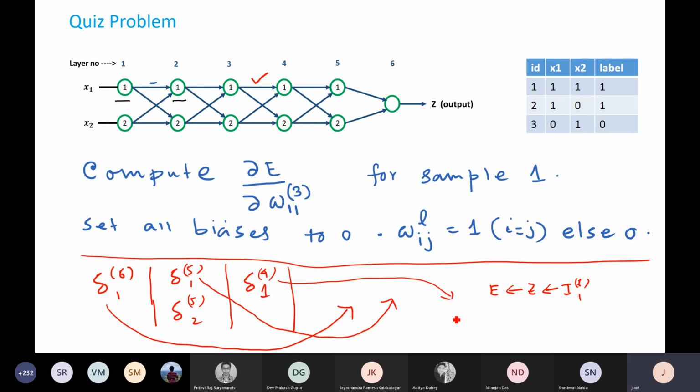So our expression for delta 6.1 is basically the partial derivative of E with respect to I6.1. That was our definition of delta. Using this influence diagram, you can compute it.